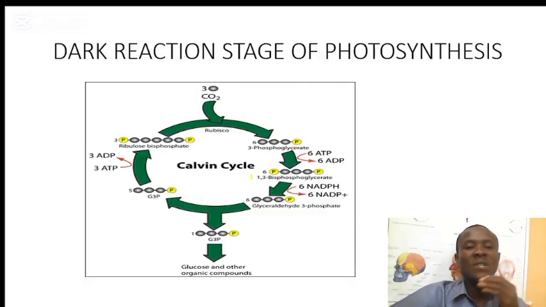So let's start with the dark reaction stage of photosynthesis. In the dark reaction stage of photosynthesis, there is ribulose 1,5-bisphosphate.